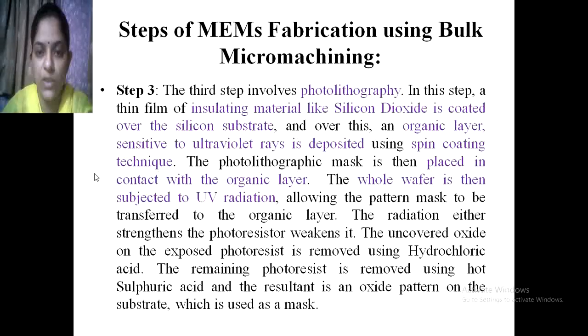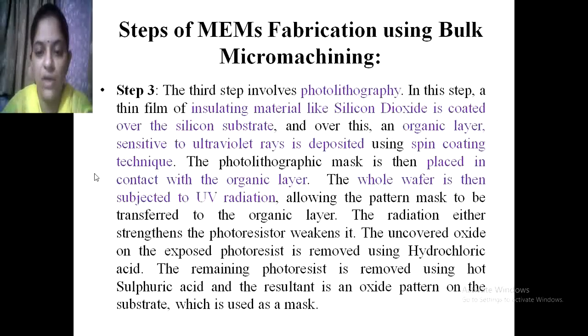The photolithography mask is then placed in contact with the organic layer. The whole wafer is then subjected to ultraviolet radiation, allowing the mask pattern to be transferred to the organic layer. The radiation either strengthens or weakens the photoresist.